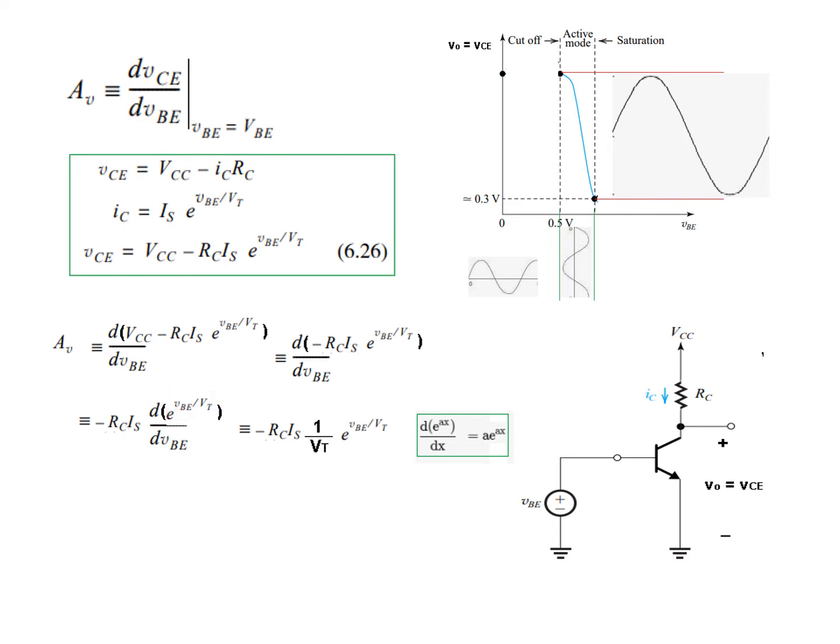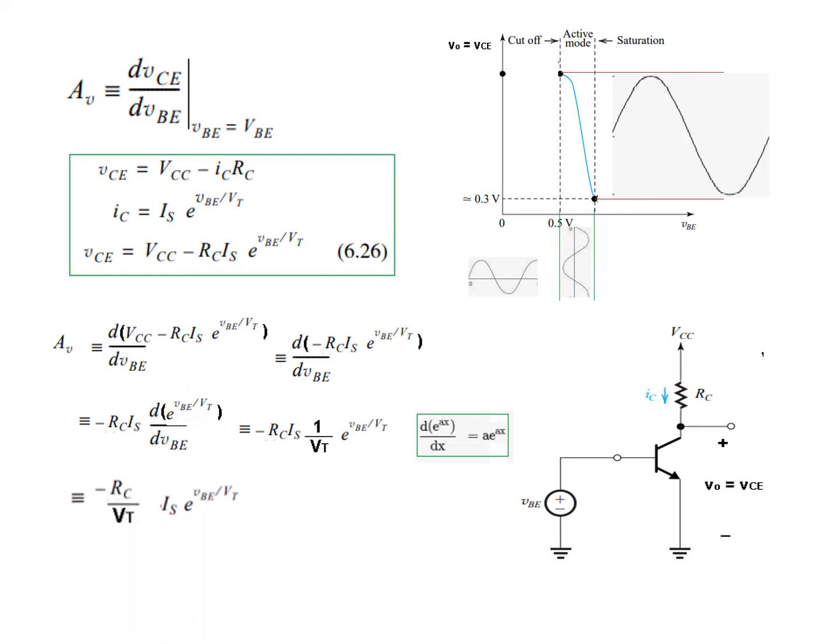And if you see this e raised to the power ax, the differential of e raised to the power ax can be written as a e raised to the power ax. So following the same logic, here we get 1 over VT into e raised to the power VBE over VT, differentiating this part.